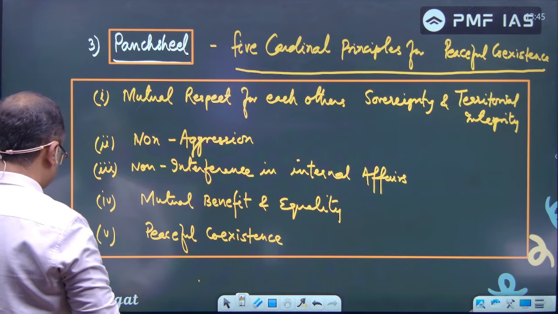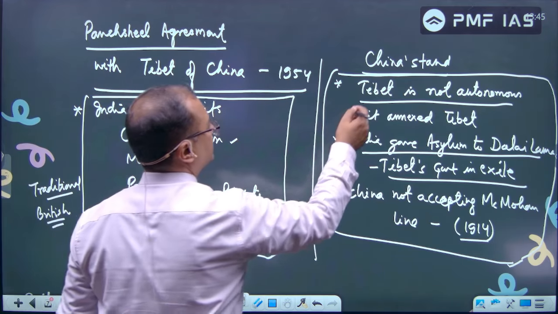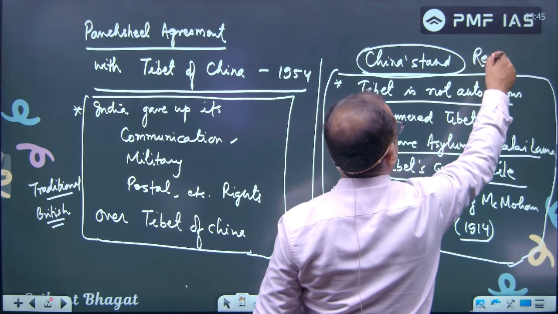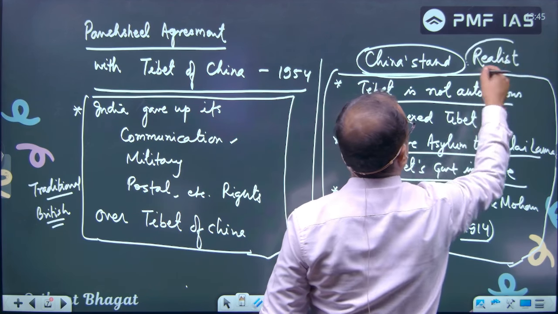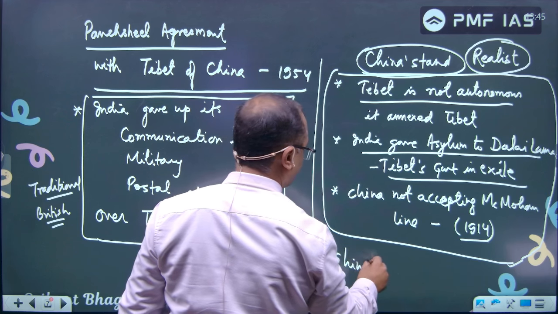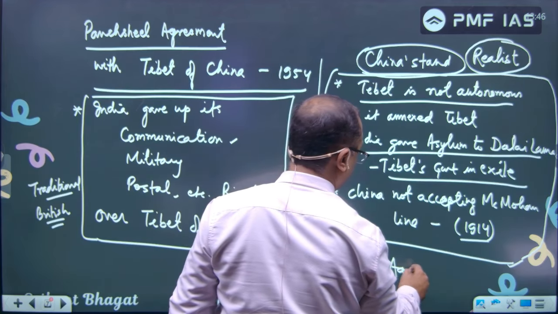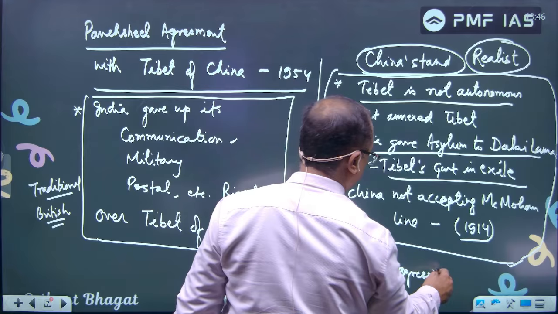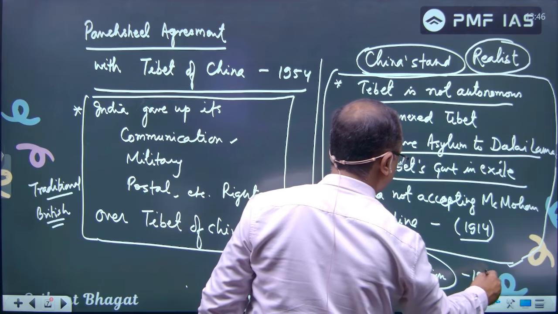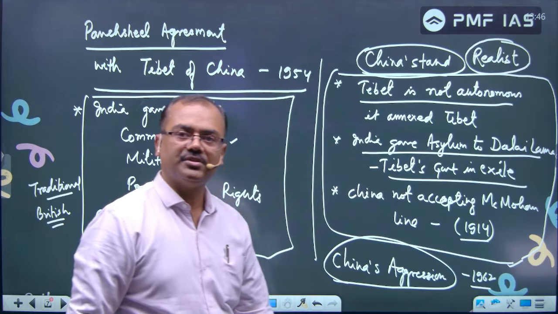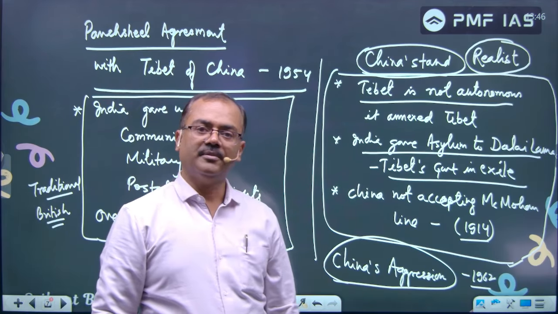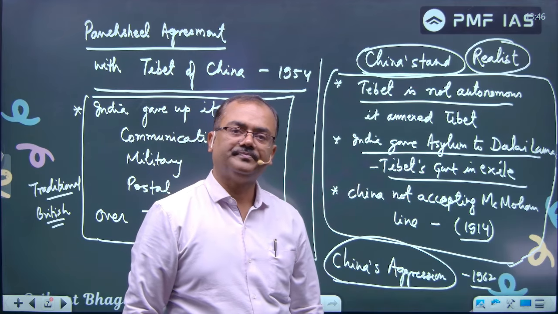Nehru is suggesting, and alternatively, China's stand is a realist stand, and China's aggression. Nehru says non-aggression. China's aggression, 1962. India lost this war, lost huge territorial positions in that war.